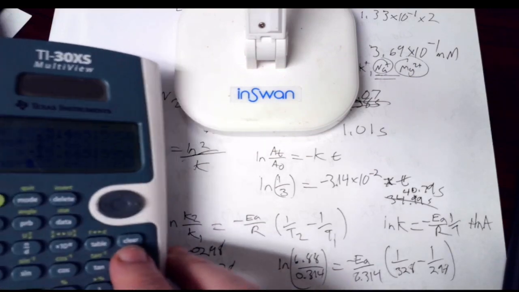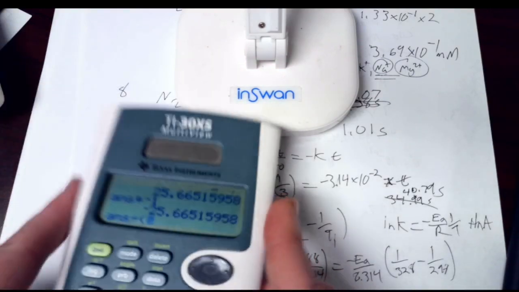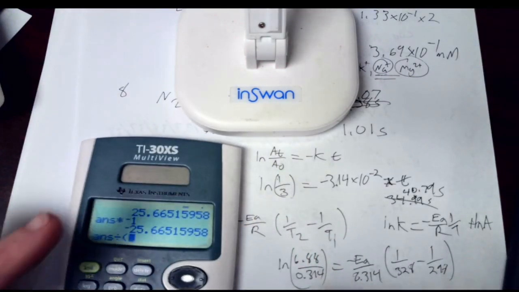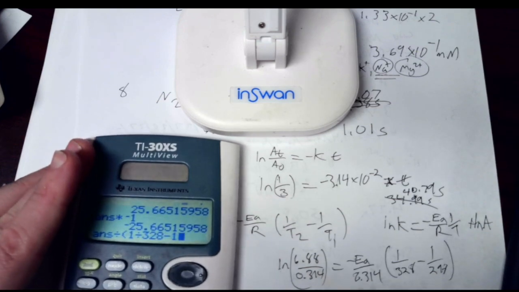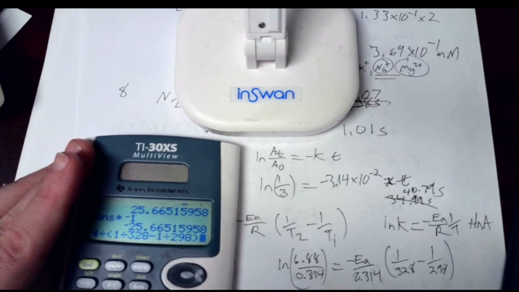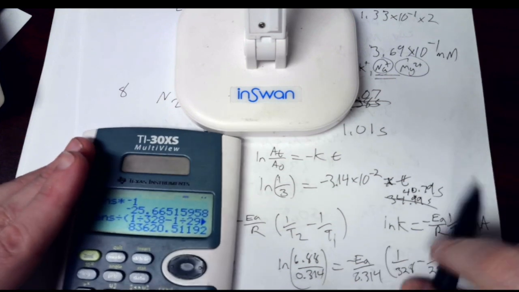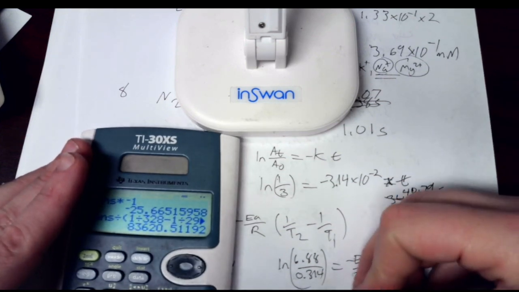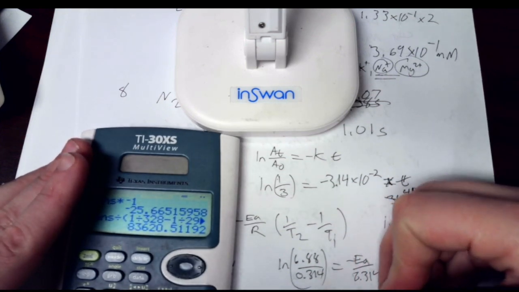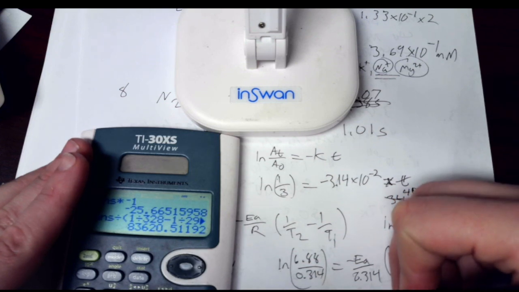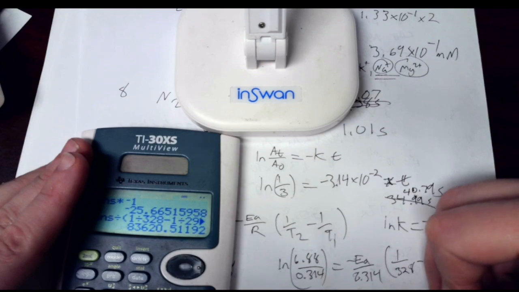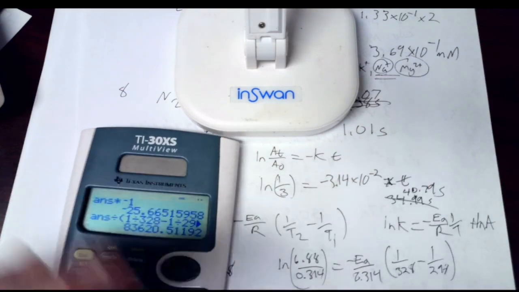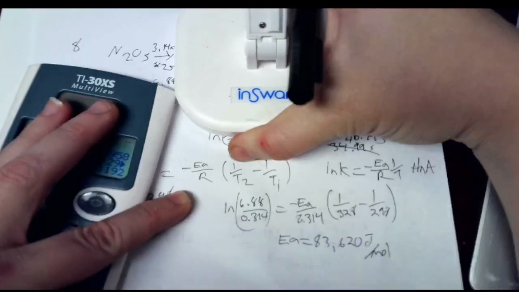And then we divide by our difference in there, 1 over 328 minus 1 over 298. And we get an activation energy, so EA is something like 83,620 joules per mole. So, I'm sorry, I'm off the page again.